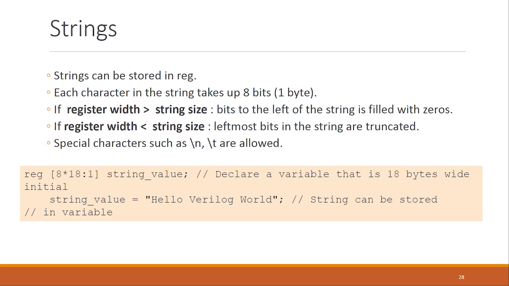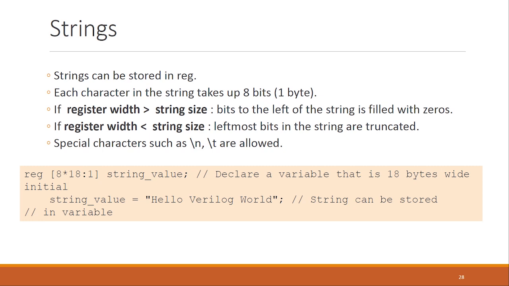So to store this string, you need to declare a variable of reg type, and this register has to be able to hold all these characters. That is, you need to use the syntax given in the first line of this code, reg [18*8:1]. We need this many bits, 18 into 8 bits, to store this sentence.